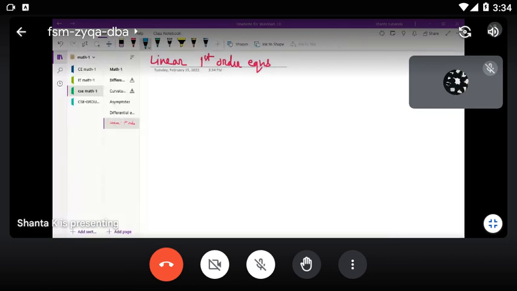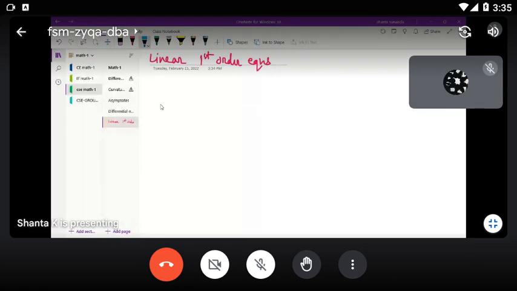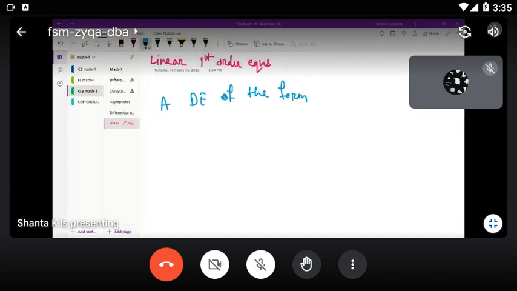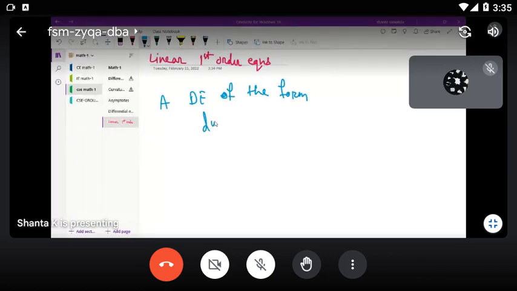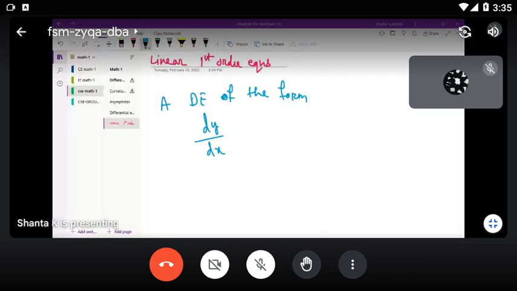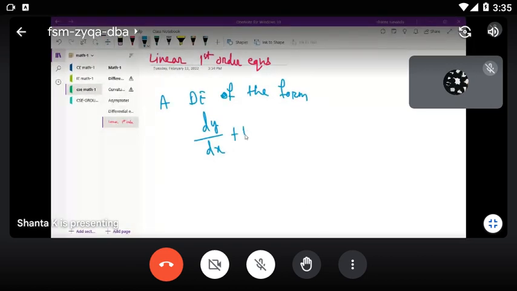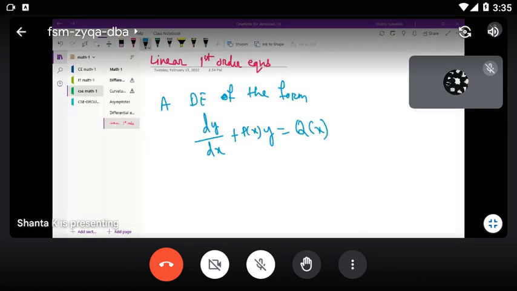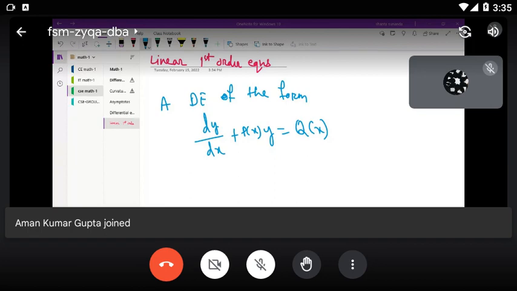So, a differential equation of the form dy by dx plus P(x)y equals Q(x). This is the linear differential equation of first order.